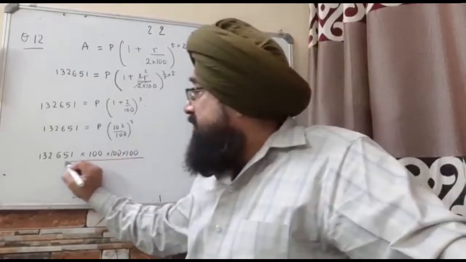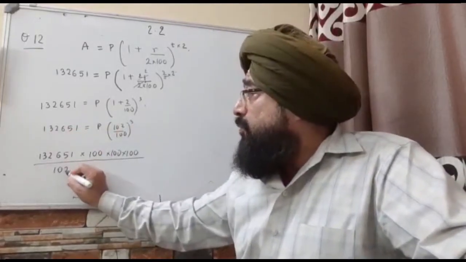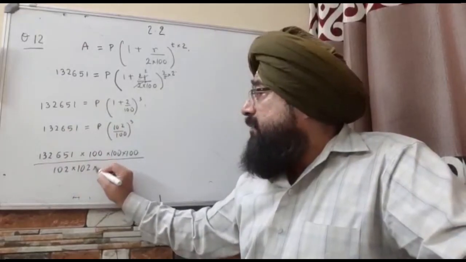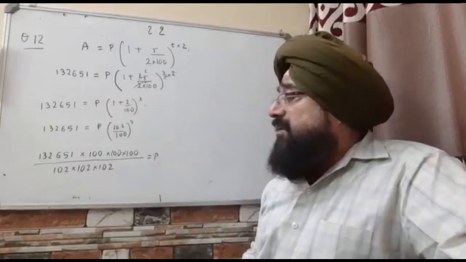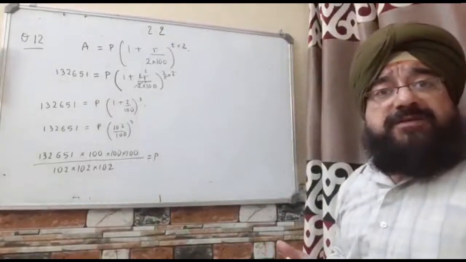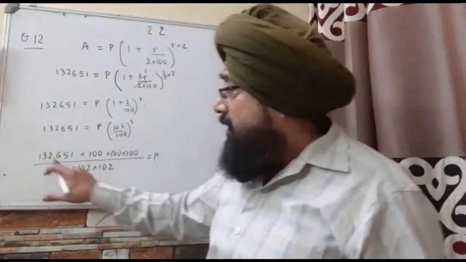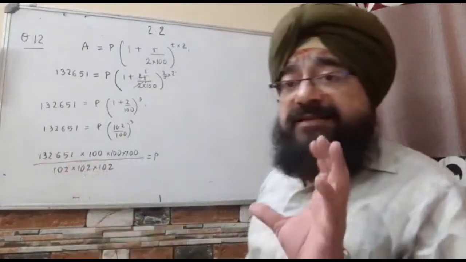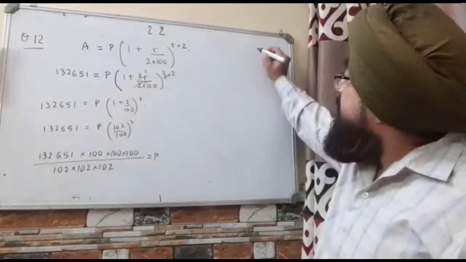Likewise, whatever is multiplied this side goes on the other side and divides, 102 into 102 into 102. And they can't be so rude to us that they give us numbers which give a lot of decimals. So at your level, if you divide this by 2, it will be exactly divisible, believe me.